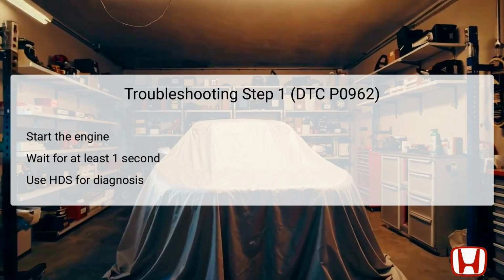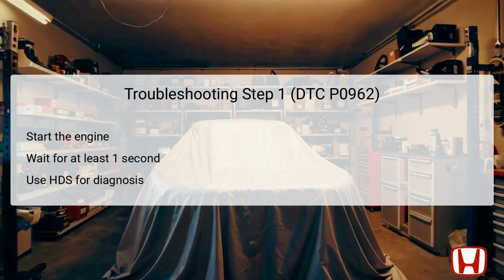The first step in troubleshooting DTC P0962 involves starting the engine and allowing it to run for at least 1 second. This initial action is crucial, as it allows the system to enter a monitoring phase where the TCM checks for abnormalities in the CVT drive pulley pressure control valve circuit.